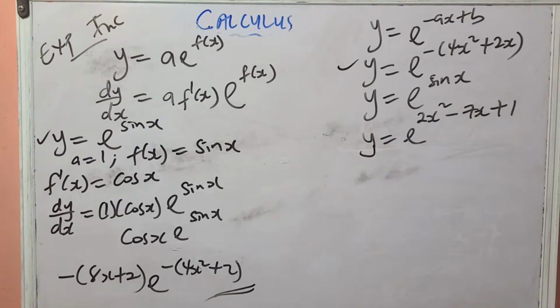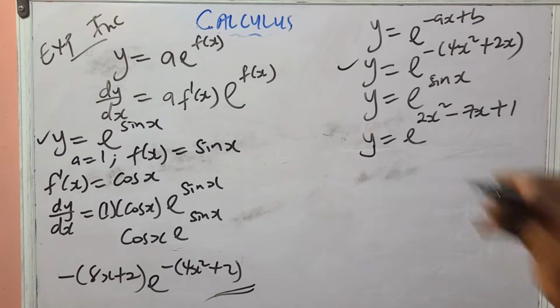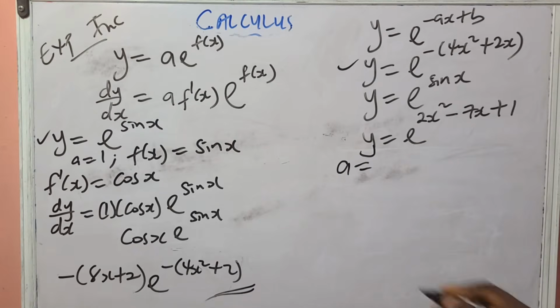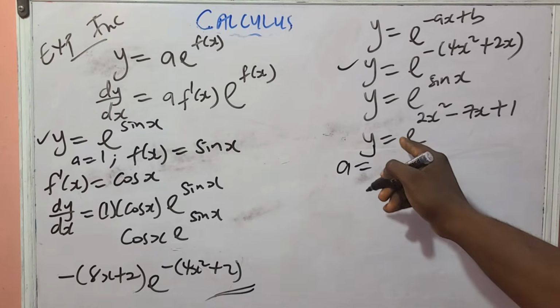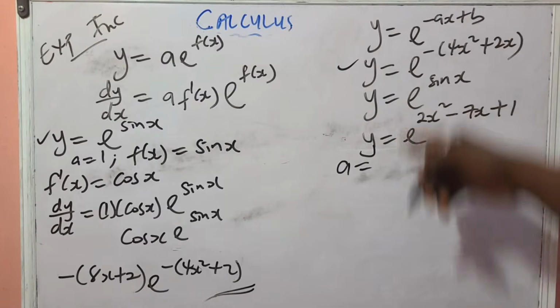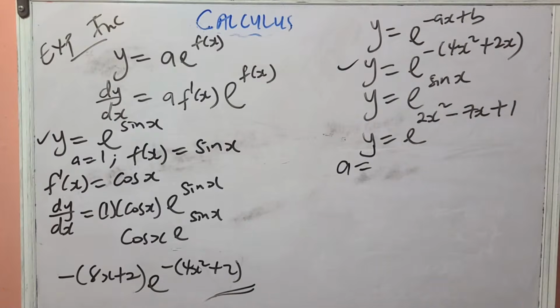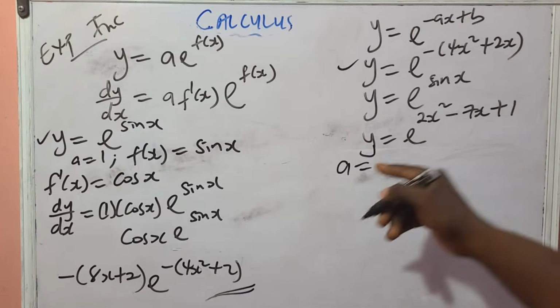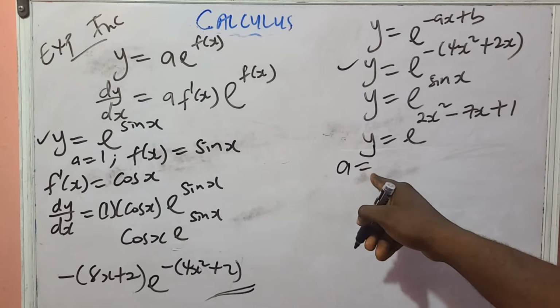No matter how complex they look, just follow the same process. The first thing is to identify our a, the coefficient of the exponential. For some reason, all the coefficients here were 1. It doesn't have to always be like that. It can be 2, it may be 3, it may be anything. It could even be something else, not constant values. But whatever it is, just identify the coefficient.